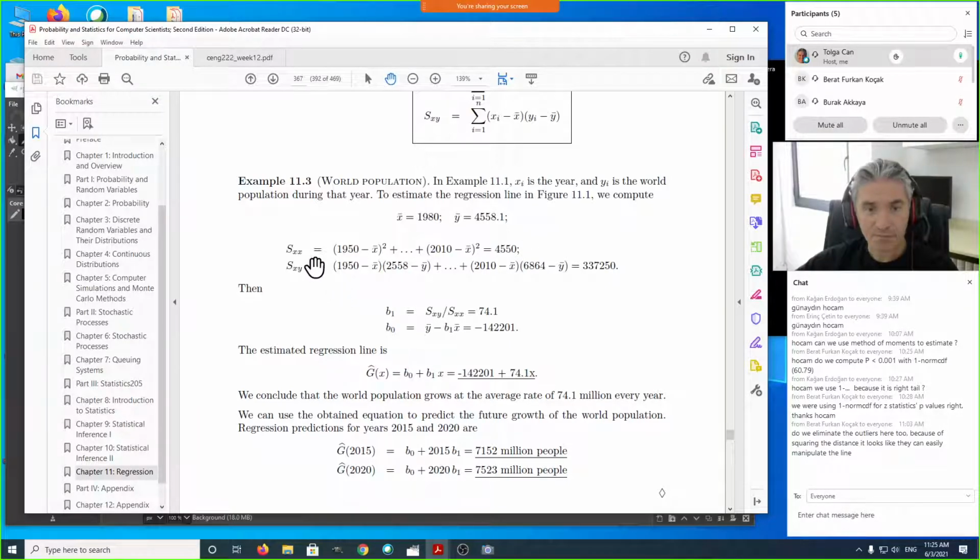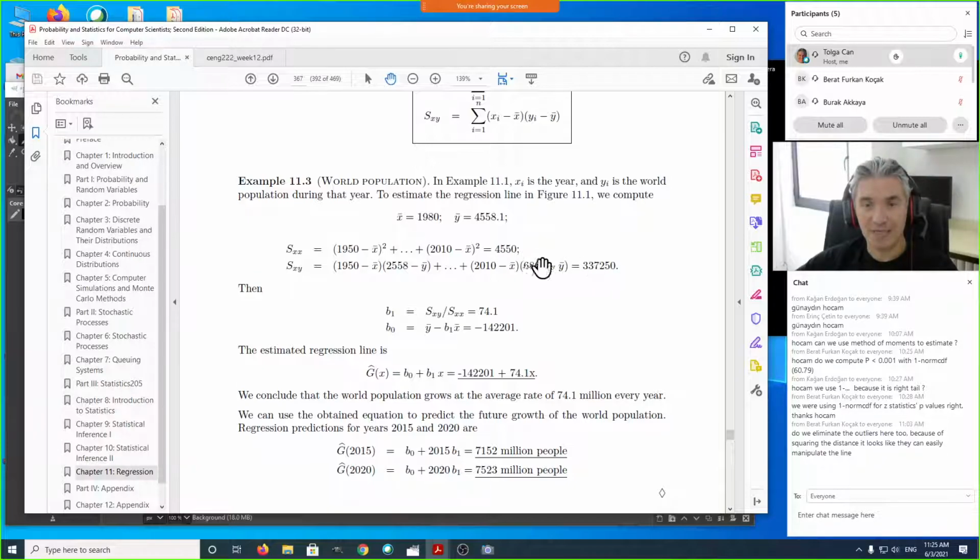Then you compute Sxx as the difference of all of these years from the x bar, which gets you this. Sxy is going to be a multiplication of these with the difference from the y bar. Since world population is positively correlated with year, I assume you all get positive values here, which gives this large number.